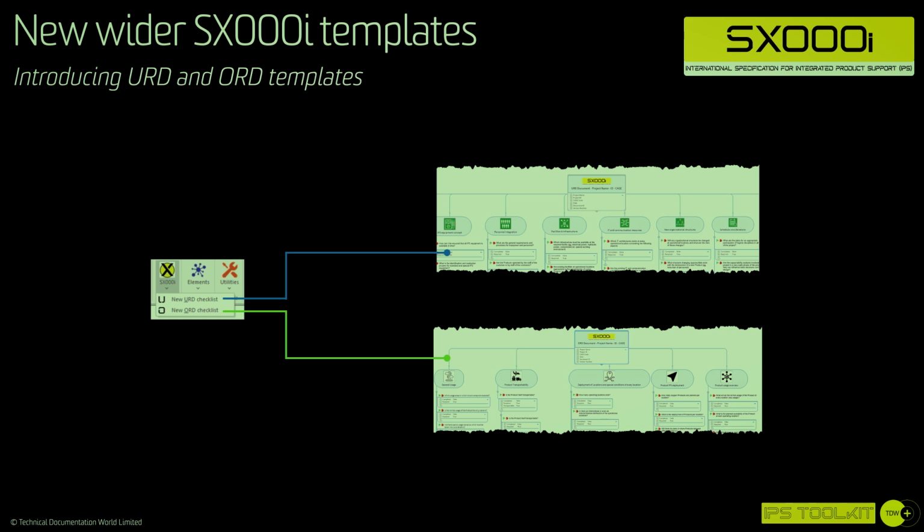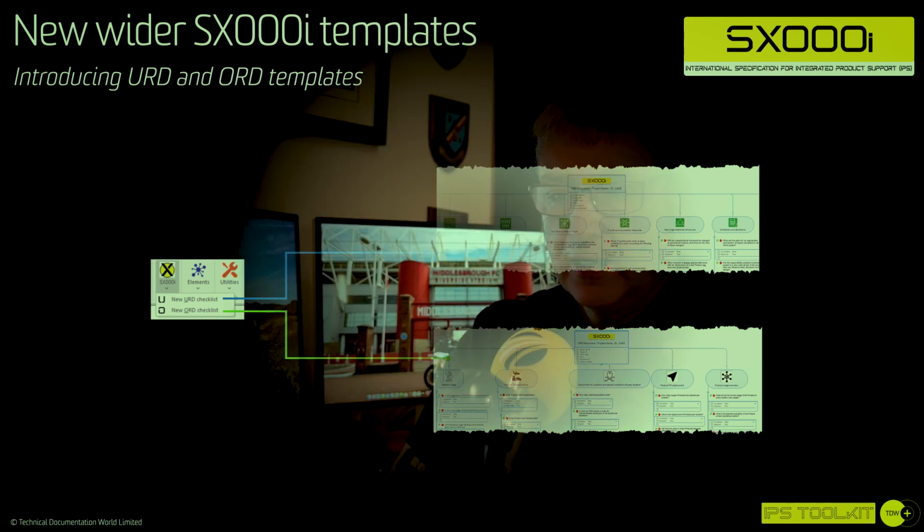So the idea is that right now the two templates are there. It's basically mirroring what's inside 10,000i. We've put them on there. And the beauty of this now is that if those checklists change with 10,000i in the future, we can add capability into the map that the user can then filter on the specific issue of a specification that they're working with.